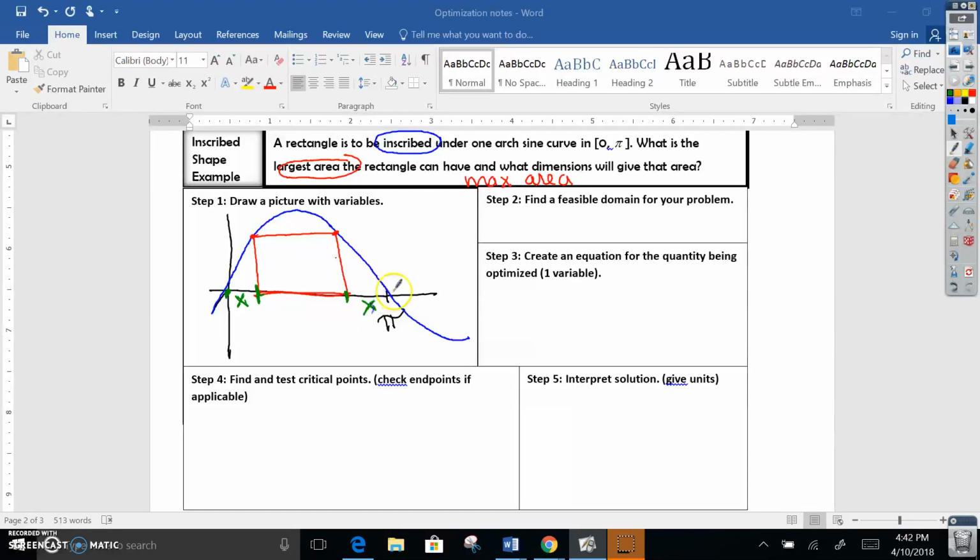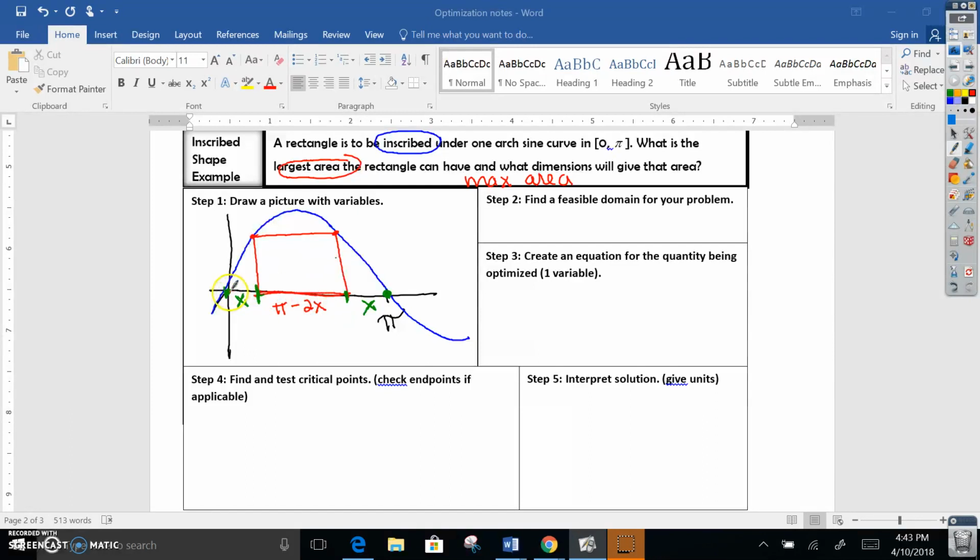Okay? Now, if I wanted to know then the length of the rectangle itself, you will note that from the origin all the way to this x-intercept here, the distance from the origin to that point is pi. If we take out the x's, what's left over is the length of that rectangle, which would be pi minus 2x.